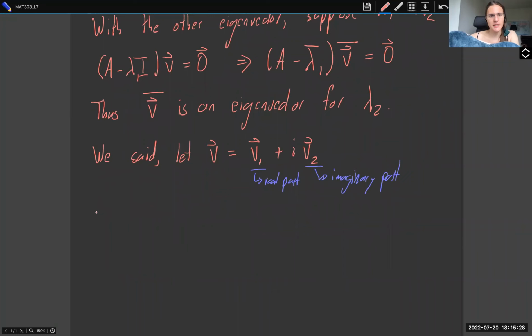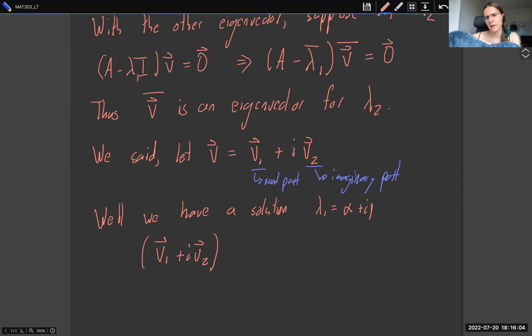And what are the solutions going to be now? We have a solution, and that solution is going to be V1 plus i V2 times, let's say lambda 1 is equal to alpha plus i beta.